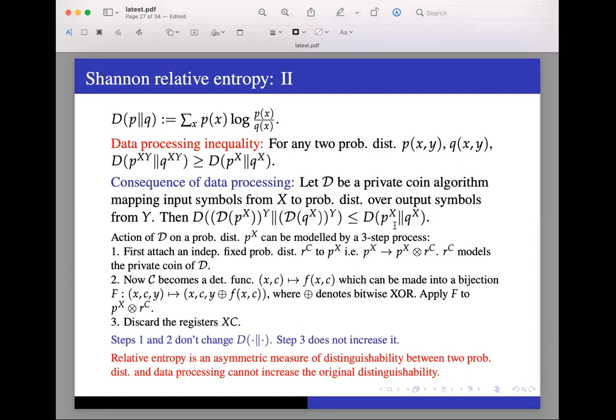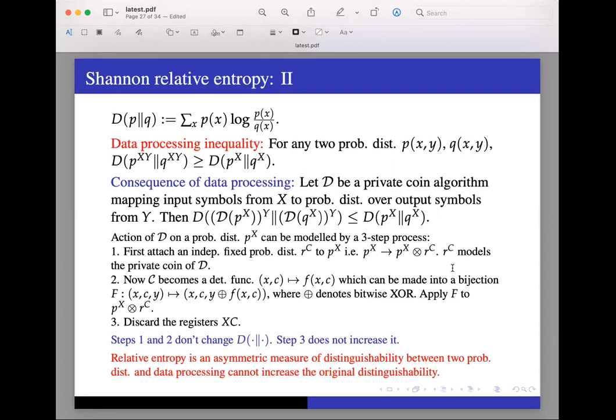So here's the answer. The action of the algorithm D on a probability distribution Px can be modeled by a 3-step process. The first step is to attach an independent fixed probability distribution RC to Px. C is basically the coin space. So it's a private coin algorithm, and RC models the private coin of the algorithm. The private coin starts off in some probability distribution, which is completely independent of the input.